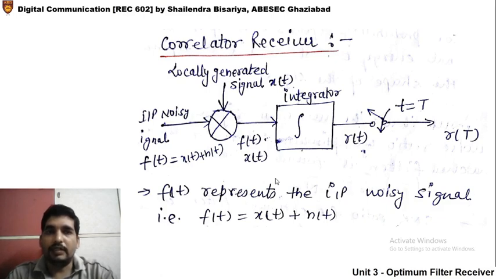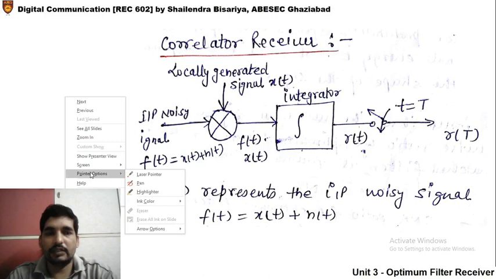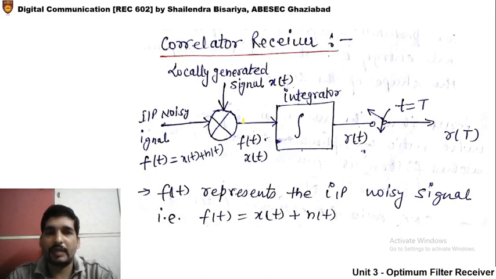The block diagram of the correlator receiver is shown in front of you. Just have a look at this. The input noisy signal, when it comes to the receiver, is first multiplied with a locally generated signal x(t), which should be the same as the signal that was sent at the transmitter side.